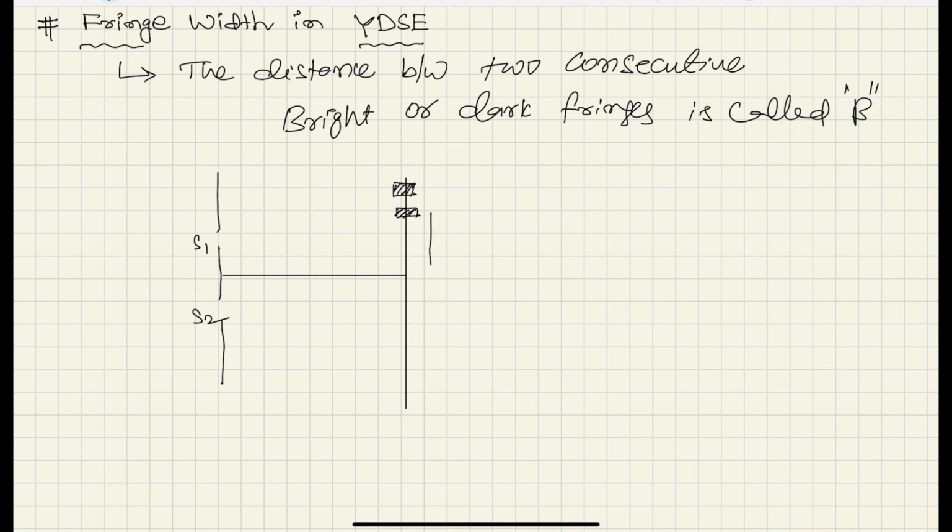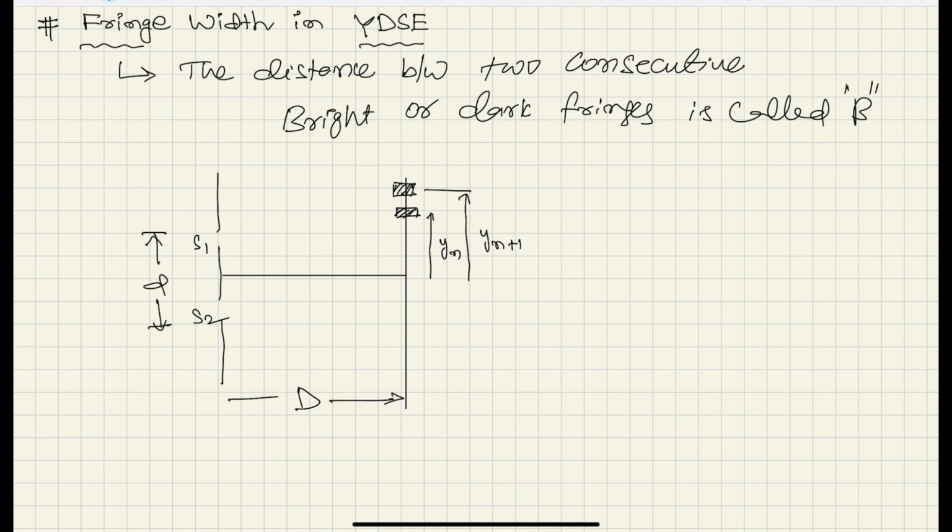From central maximum to dark, the distance is Y1 or Yn. The next one I am taking is Yn plus 1, so the n plus 1th dark and the nth dark. As usual, the distance between the slits is small letter d.